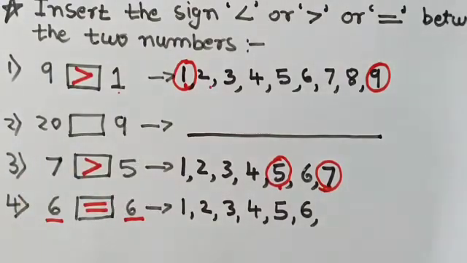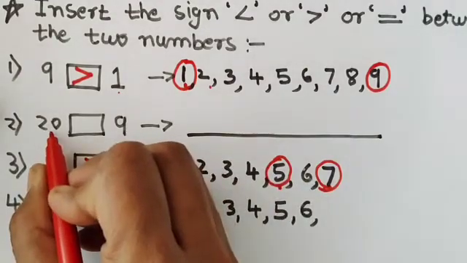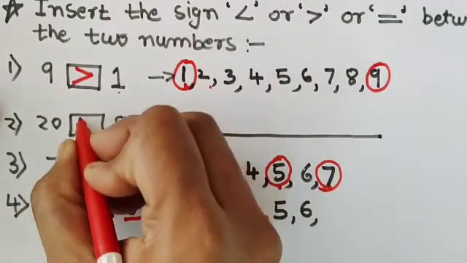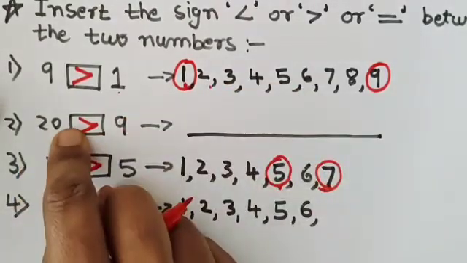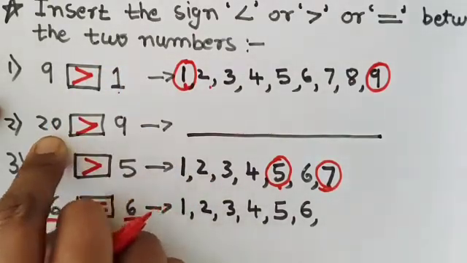Okay? So which sign will we put here? Here a 2-digit number is always greater than a 1-digit number. So we will put the greater than sign, or open the crocodile's mouth towards the greater number.